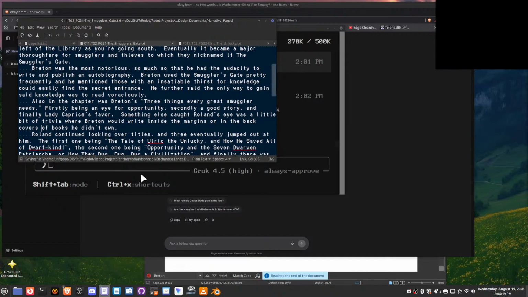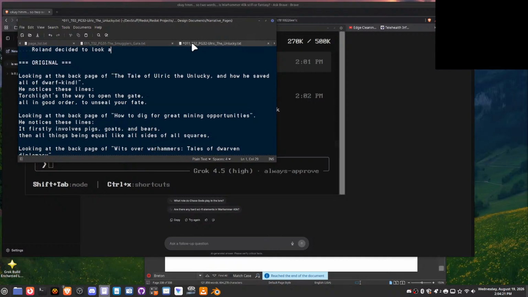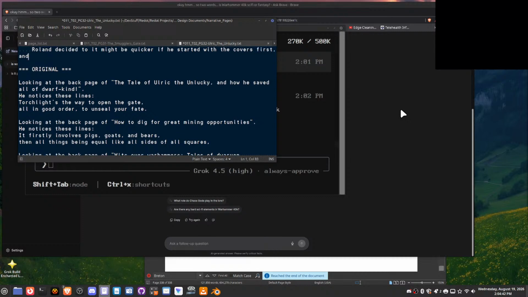Okay, leave it like that. Roland decided it might be quicker if he started with the covers first, and decided to start with back covers before looking anywhere else.